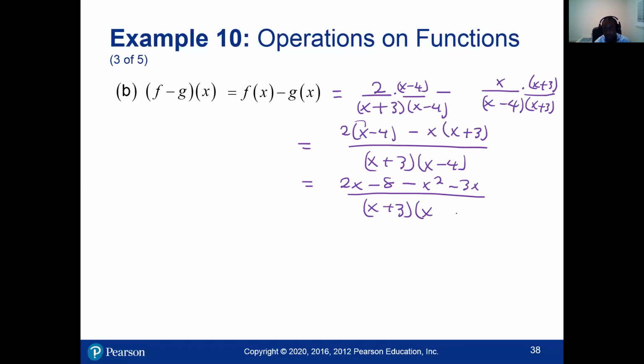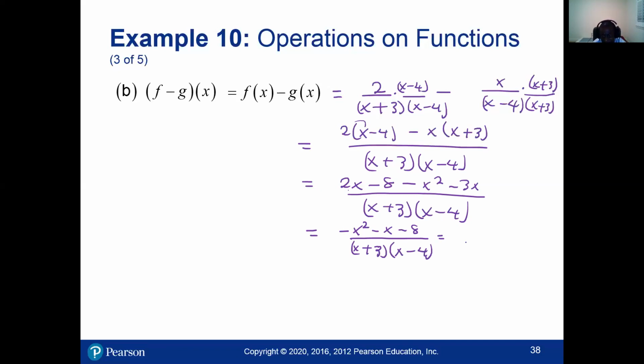X minus 4. So now, you've got to simplify that more. So we have what? Negative x squared, and then my 2x minus 3x is what? It will be minus x, and then -8, then divided by x plus 3, x minus 4.